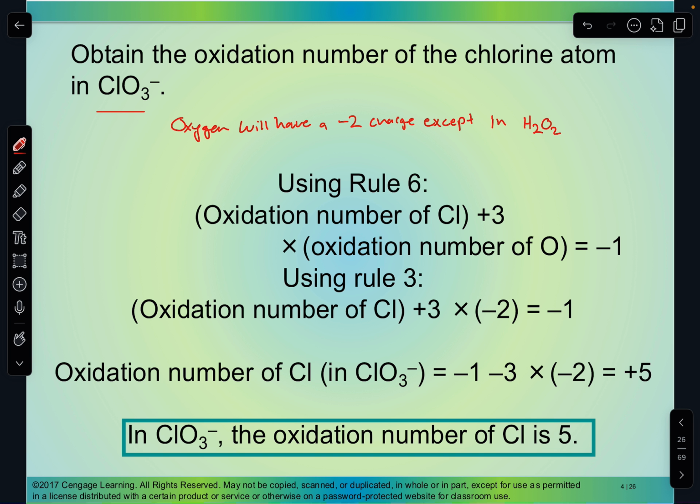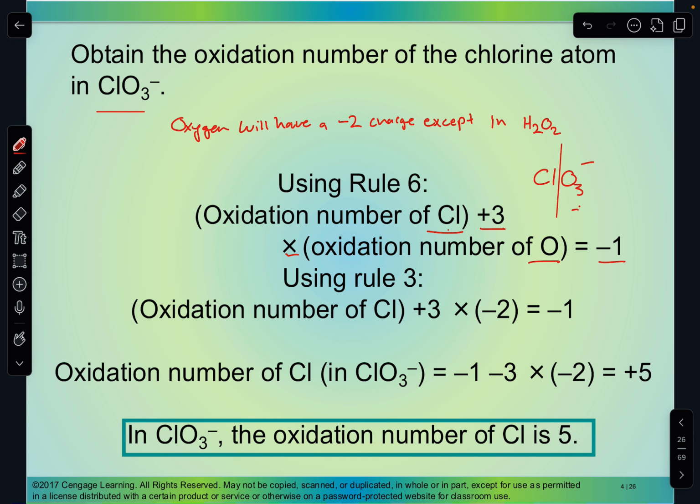Okay, so let's go through it. So using rule 6, the oxidation number of Cl. So this is how we're going to add them together. We have the oxidation number of chlorine plus 3 times the oxidation number of oxygen is going to be -1. So let's do it like this, ClO3 with a -1. The overall charge for the entire molecule is going to be -1.